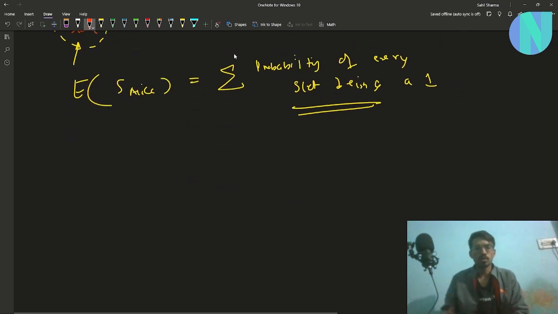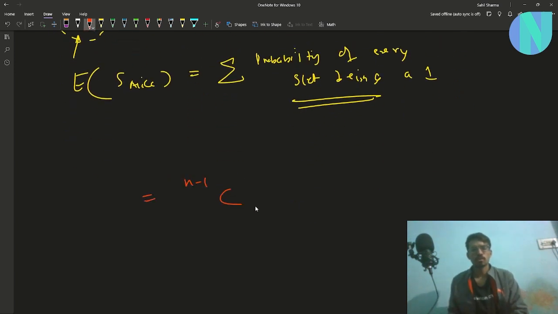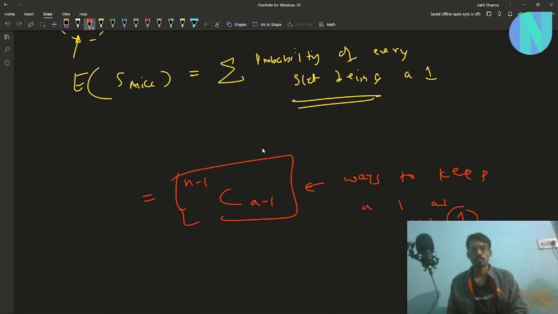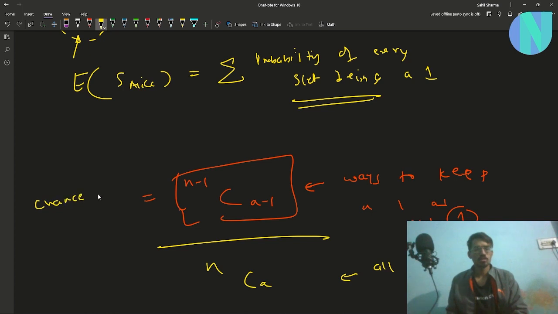So there are in total n minus 1 ca minus 1 ways to keep a 1 at slot 1, and over all possible ways, that is just NCA, this is all possible ways, right?